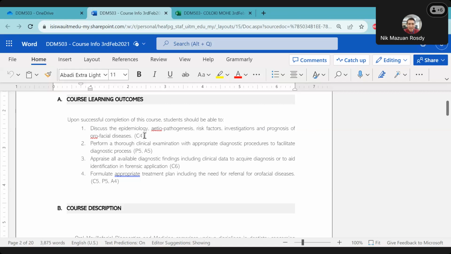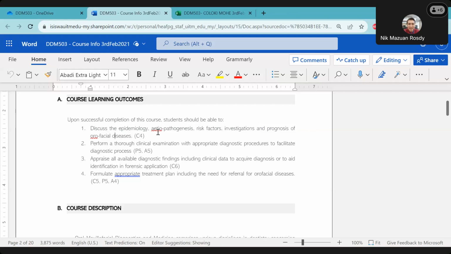But if you do OSPE without active questions, you can actually use C4. If it is other than on the paper, you cannot map to CLO number one. So the highest level you can go for if you map to CLO number one is C4 only. You cannot go to C5.